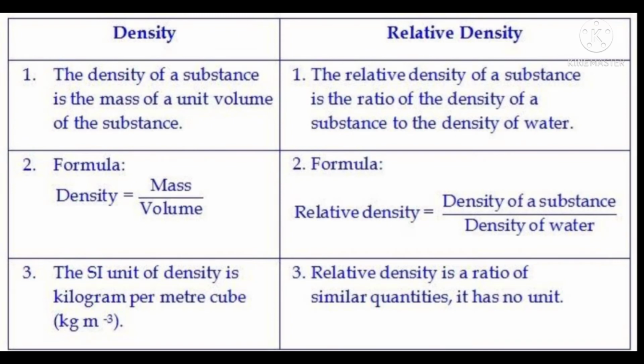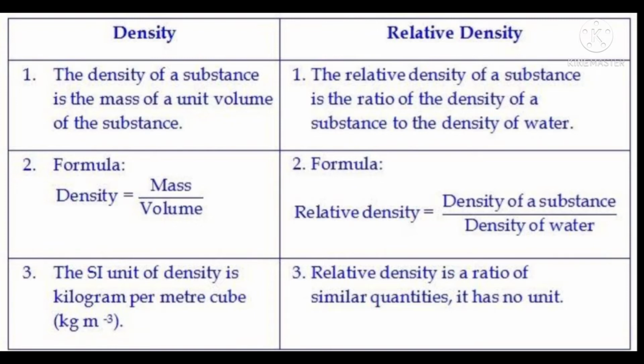Students, before solving the numericals based on relative density, you must have an idea about the difference between density and relative density. Density of a substance is the mass of unit volume of the substance, and the relative density of a substance is the ratio of the density of the substance to the density of water at 4 degrees Celsius, because water has maximum density at 4 degrees Celsius.